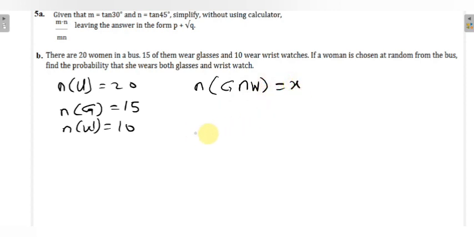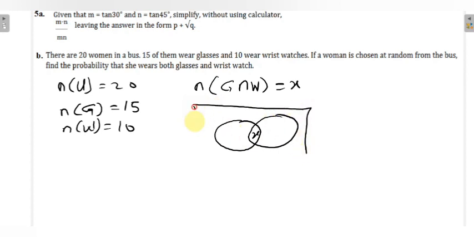So let's call that X. I'll just draw a Venn diagram like this. This is the intersection here, this part here, and the universal set is 20. This circle here represents the women that wear only glasses, while this will represent the women that wear only wristwatch.